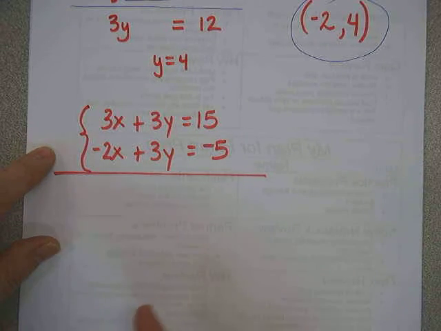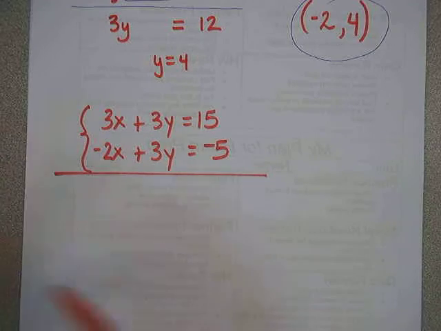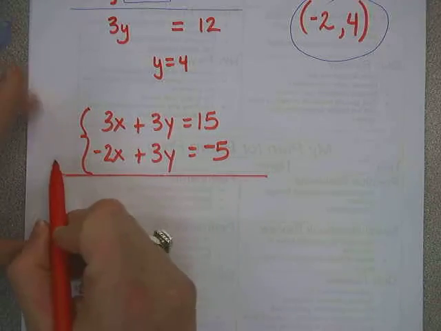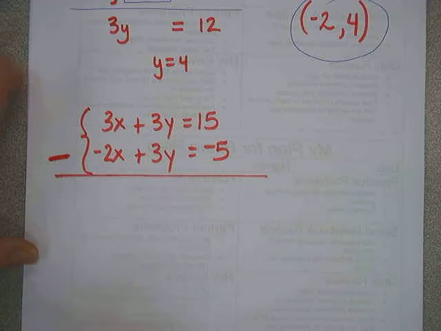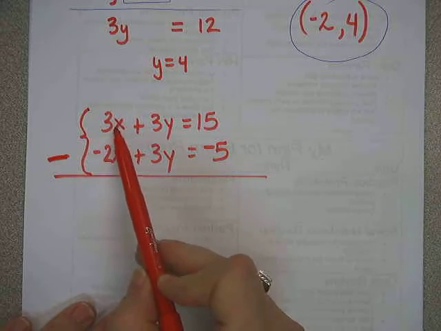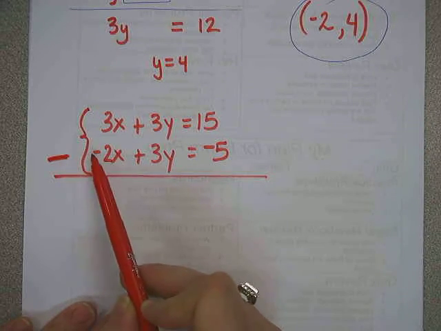Now, as you can see, if we were to add these equations together, no variable would disappear. But notice that 3y and 3y are very close to each other, so if we subtracted the equations, we could get one of the variables to disappear.